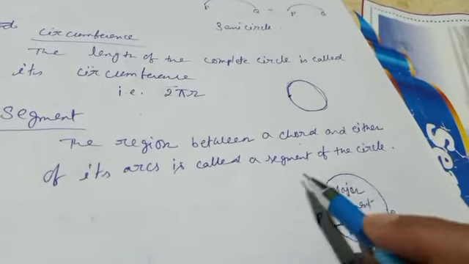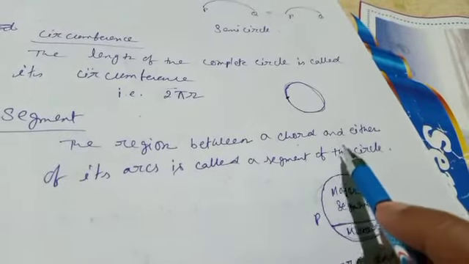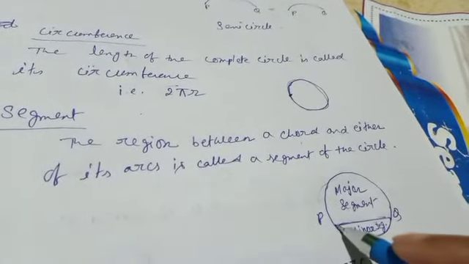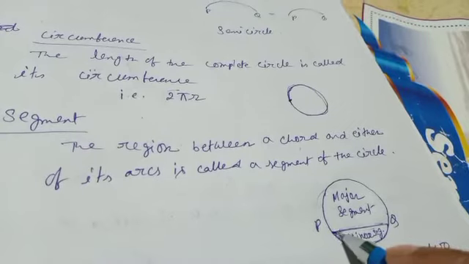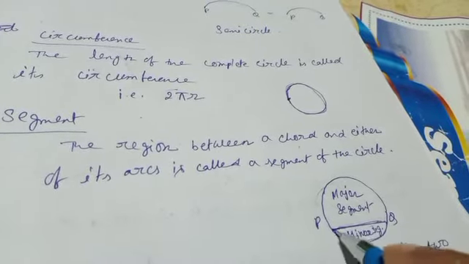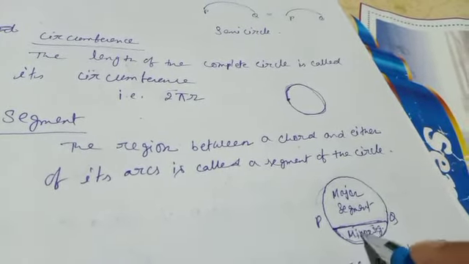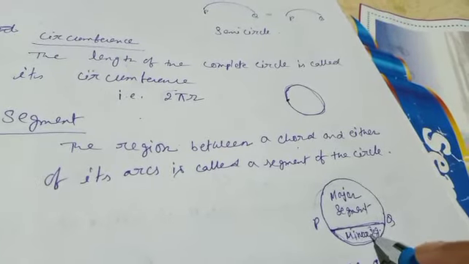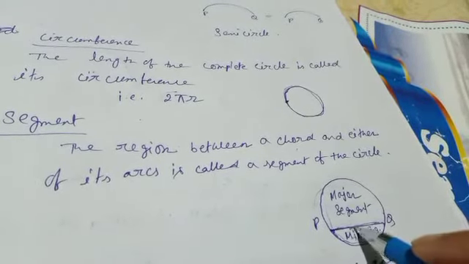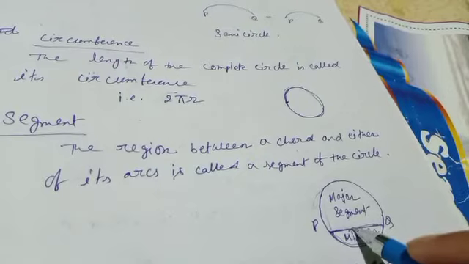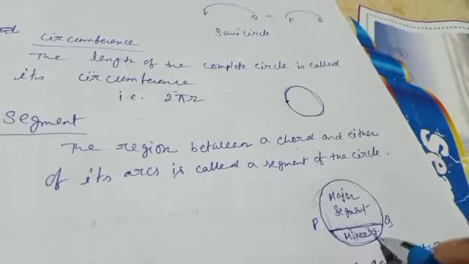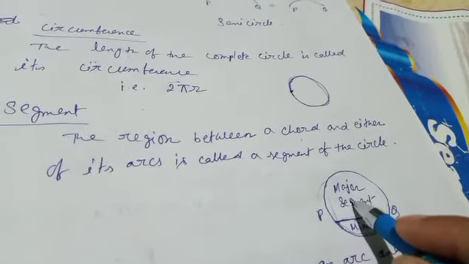That is why they said either of its arc. So the region between this chord and this arc is a segment, and this is also a segment. This is the minor segment and this is the major segment. Clear?